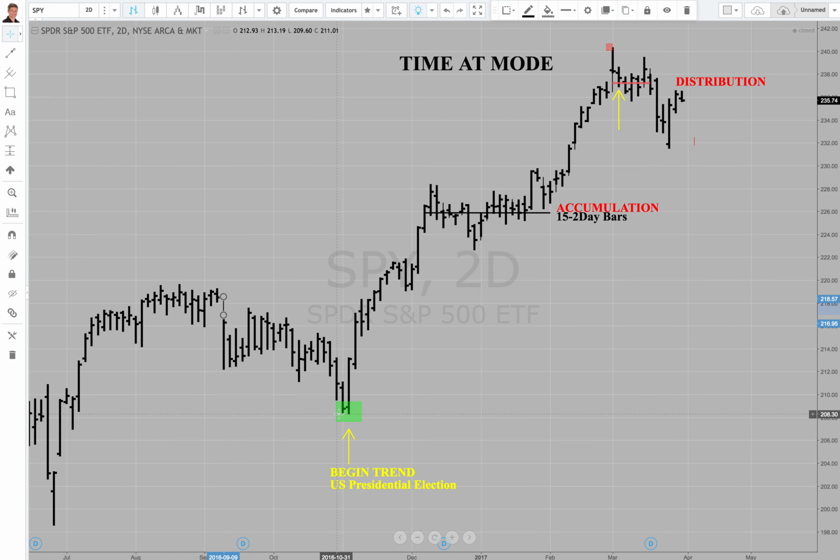Clearly you can see the market's in a downtrend to here because the price is making new lows, etc. But given that there's no new lows for 1, 2, 3, 4, 5 bars, we can call this the start of an uptrend. So we begin it here.